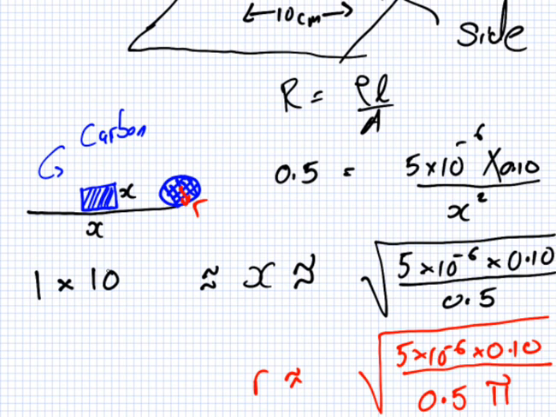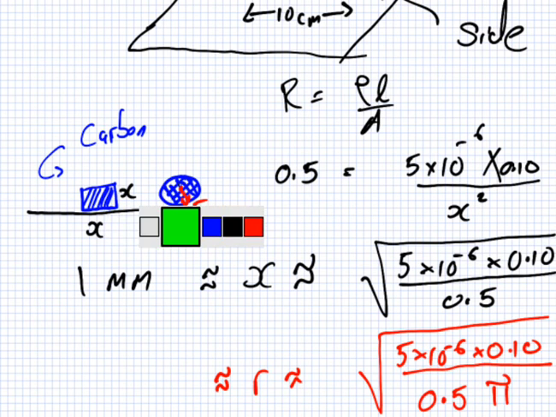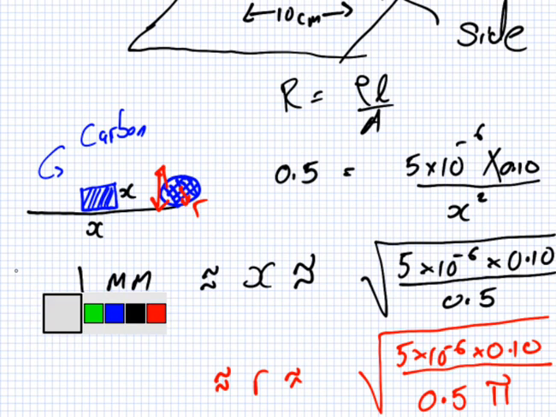Now, with this question here, you can't really say it's a circle, because when you run your pencil on the page, it doesn't fill the paper like this. The carbon here doesn't look like a circle. It'd be at least a square shape.